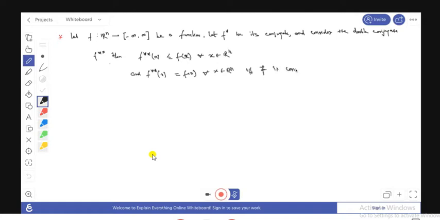Okay, f is convex, and it is said to be closed and proper. Note that this is a closed and proper function. Proper means f of x is finite, and closed means f is a semi-continuous function.